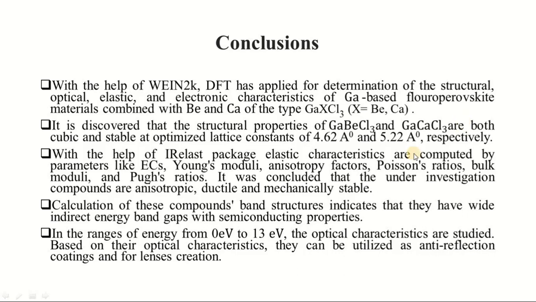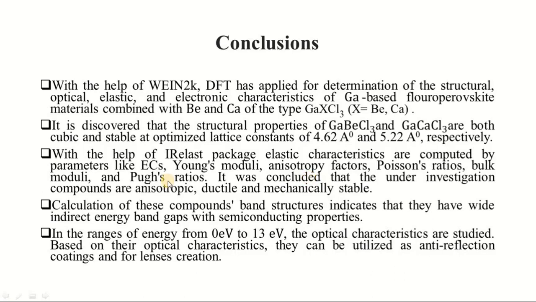We computed the elastic properties using the IRelast package to determine the Young modulus, anisotropy factors, Poisson ratio, bulk modulus, elastic constants, and Pugh ratios. From these elastic properties, it is concluded that our compounds are anisotropic in nature, ductile and mechanically well stable.